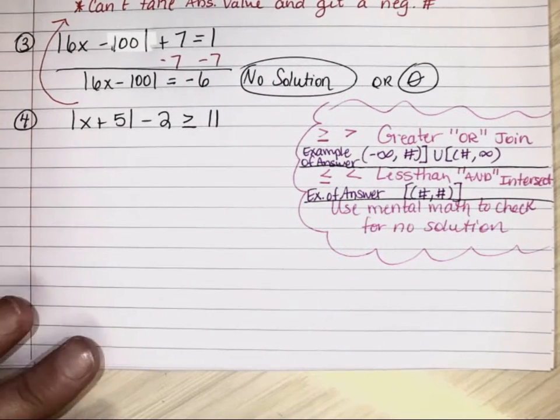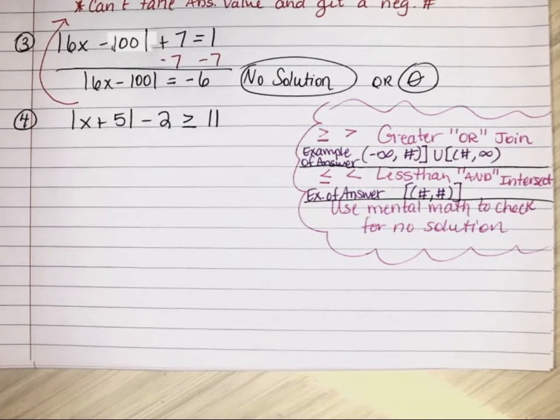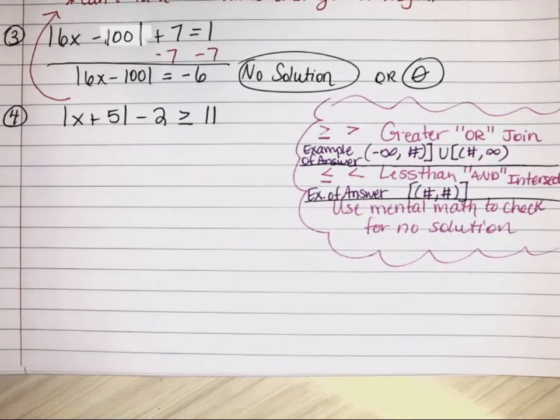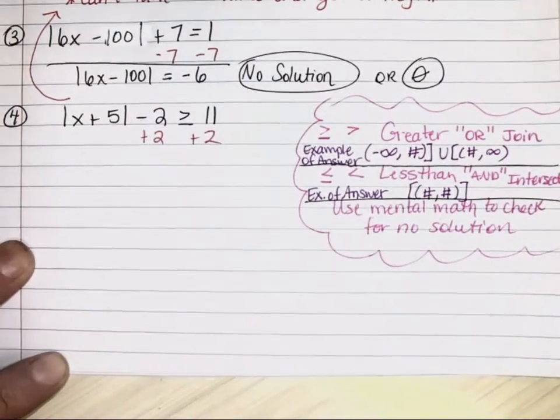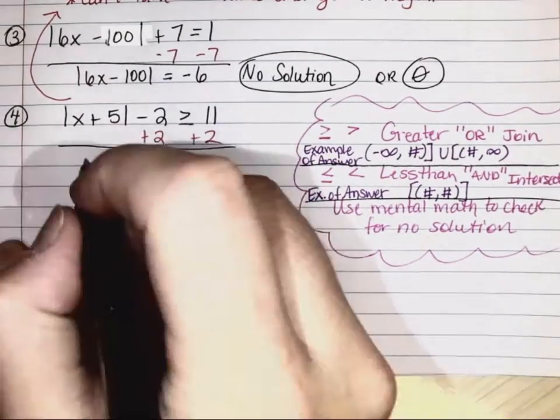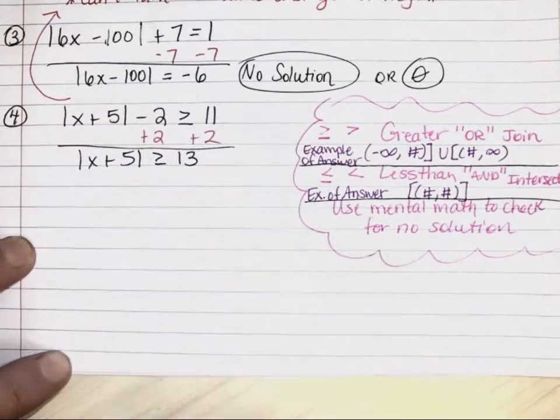So number 4, let's isolate the absolute value part as much as we can. I'm going to add 2 to both sides. And that leaves us with the absolute value of x plus 5 greater than or equal to 13.